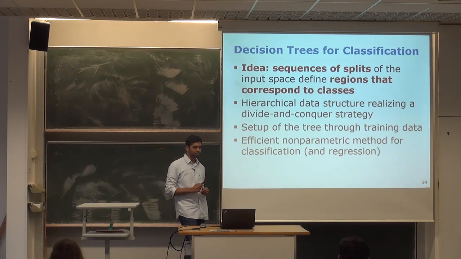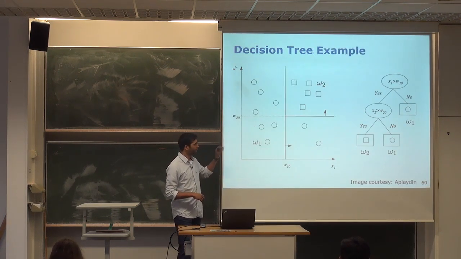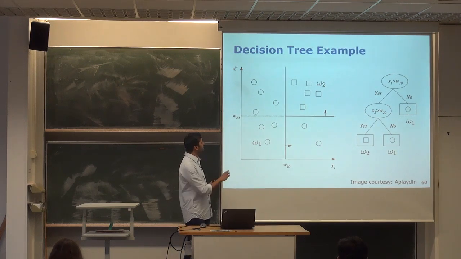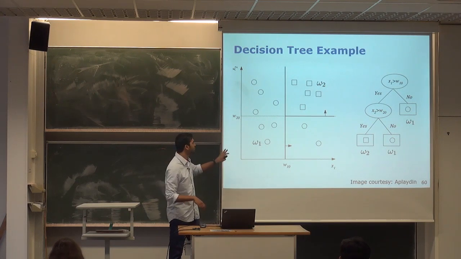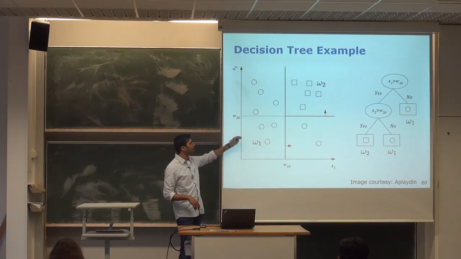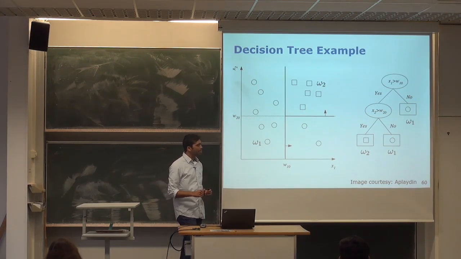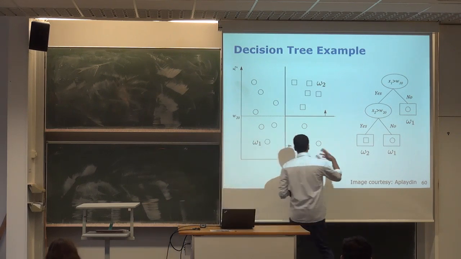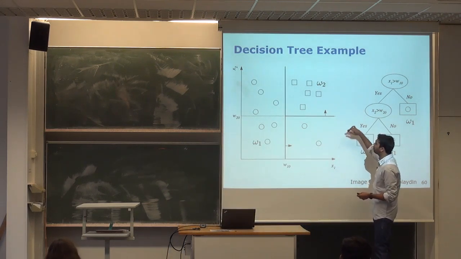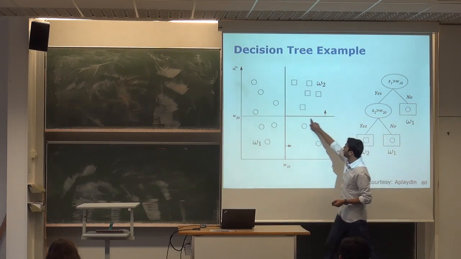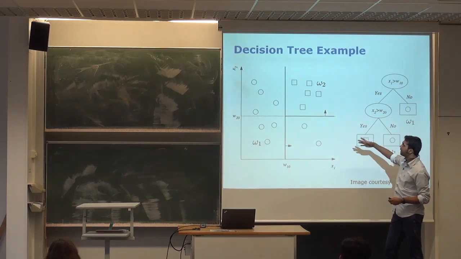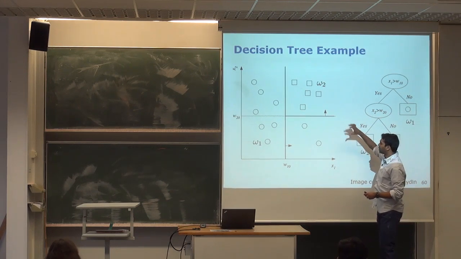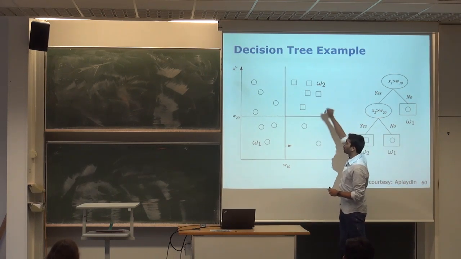Okay, so if we see another example here, basically what you see here is a set of squares and a set of circles. And the goal of this binary tree would be to come up with a split, for example, like this. So this split on the right corner then separates your squares from the circles.